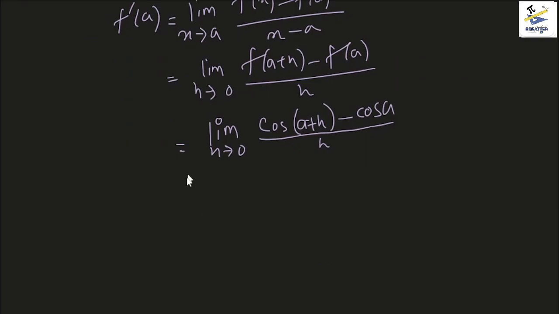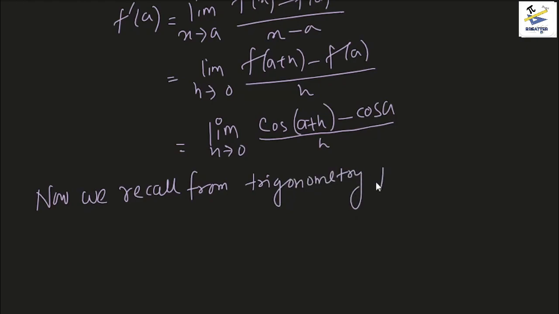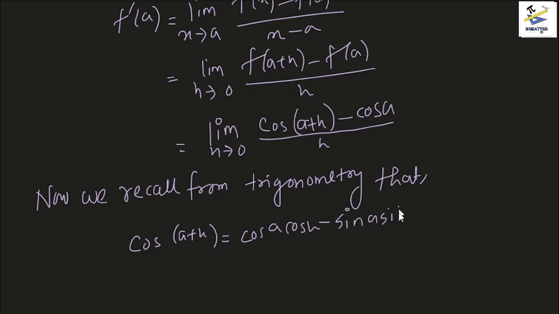So this means now we have to use the formula from trigonometry that cos of a plus h is equals to cos a cos h minus sin a sin h.